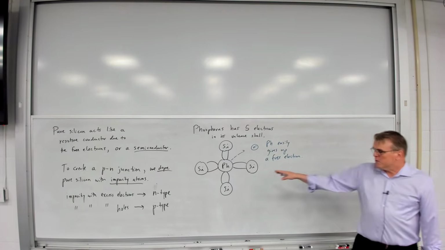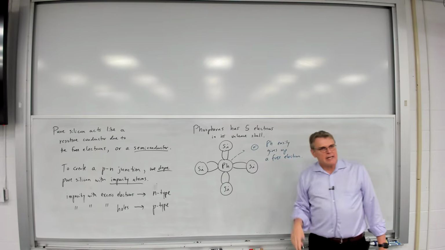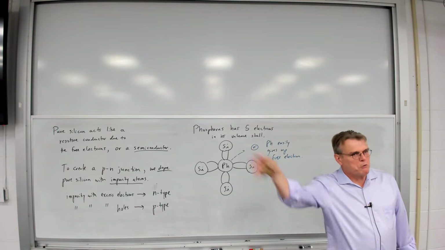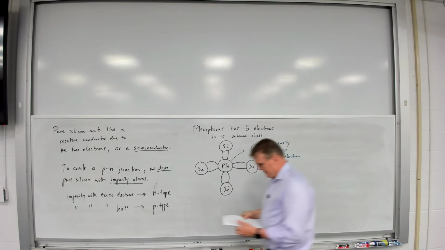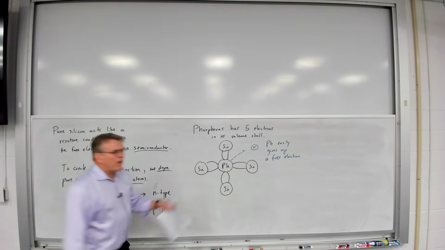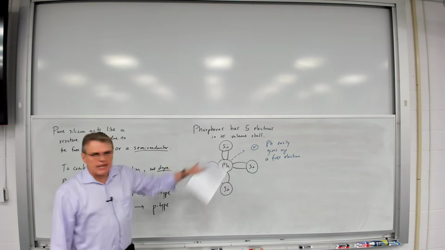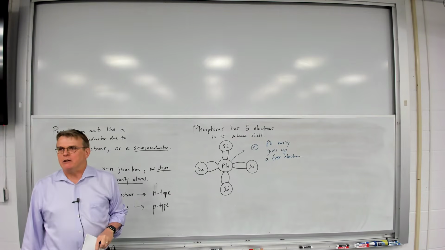And so every phosphorus atom that you introduce into that lattice is going to give up a free electron that's going to tend to wander around that lattice. So we say that phosphorus is an N-type donor. It donates a free electron to the crystalline lattice.